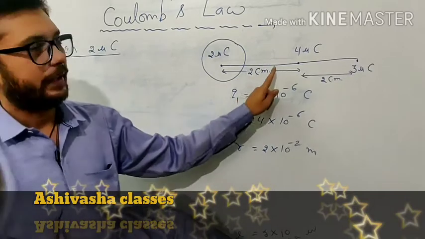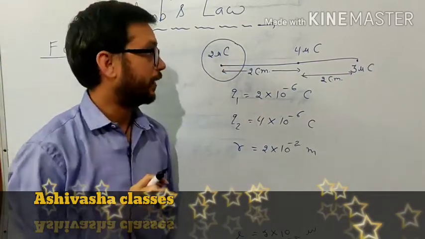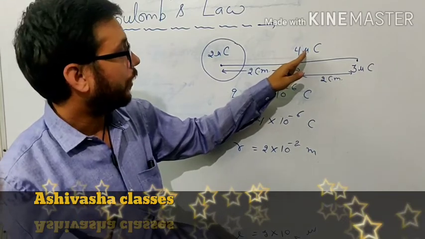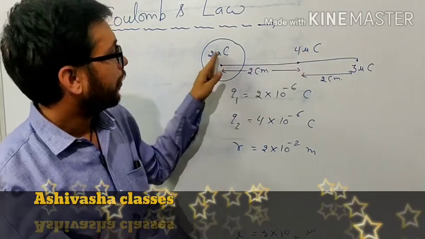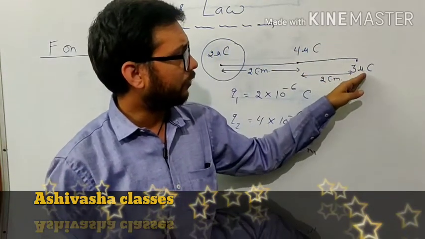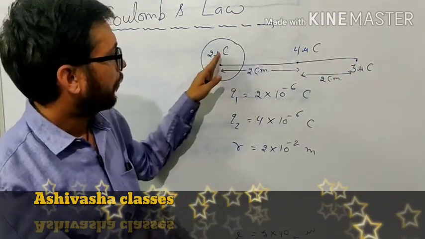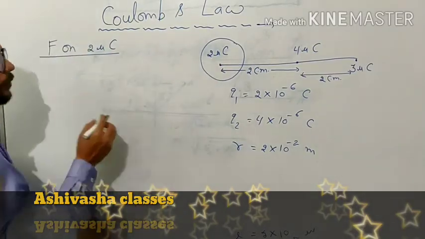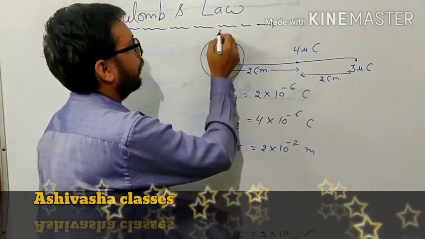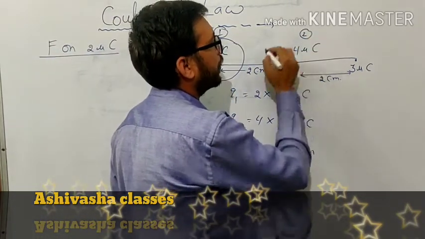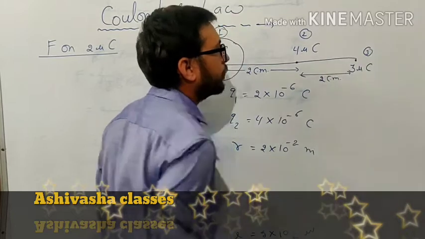So in this question we have two charges applying force. One is 4 microcoulomb applying force on 2 microcoulomb, and 3 microcoulomb which is also applying force on 2 microcoulomb. So firstly, suppose this is charge 1, this is charge 2, and this is charge 3.